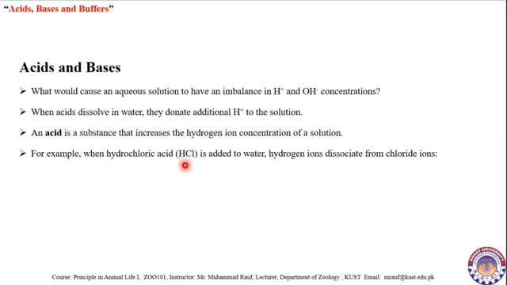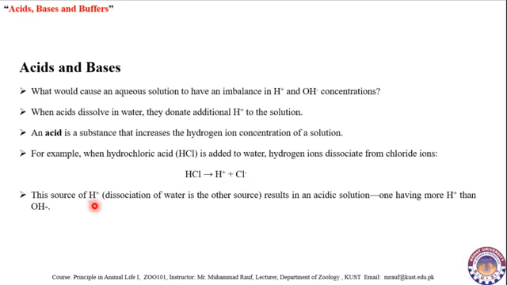The hydrogen ions contributed by HCl add to the concentration of the hydrogen ions already present in the solution. You can see by this chemical reaction, hydrochloric acid added to water dissociates into hydrogen and chloride.